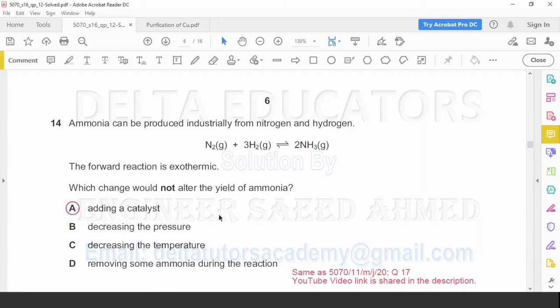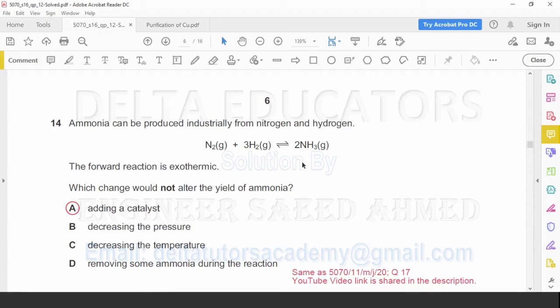What is given in option B? Decreasing the pressure. In C, decreasing the temperature. In D, removing some ammonia during the reaction. Here this reaction is in equilibrium state. At equilibrium, when we change pressure, temperature, or concentration, the yield of ammonia will be altered.